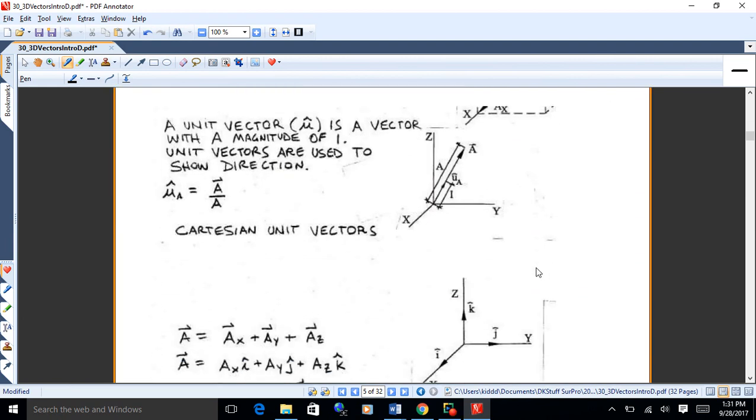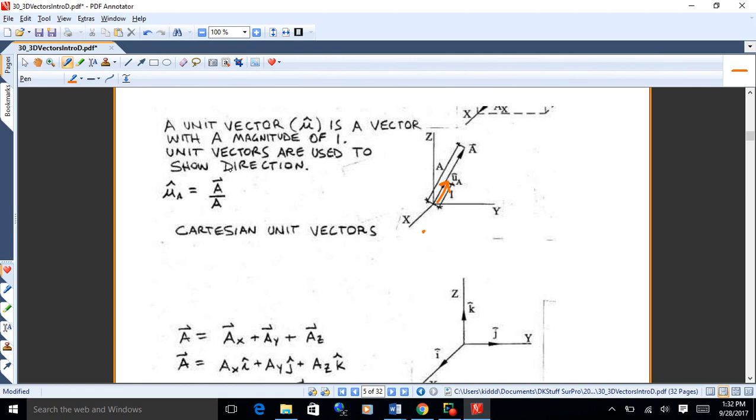All right, now a vector has any arbitrary length. There's also something called a unit vector. What a unit vector does is point in the same direction as the vector, but it's only got a length of 1. So a unit vector might look like that in orange there. It's pointing in the same direction as that vector A, but the unit vector only has a length of 1.